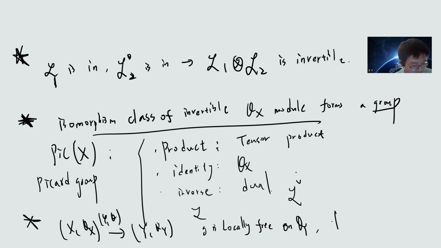If you pull back this G, then one can show that the pullback is locally free. Okay. It is simple, you can check it by yourself.